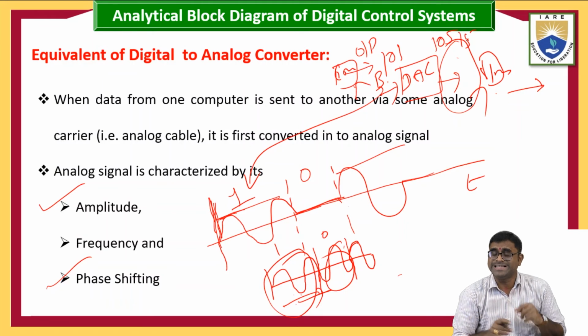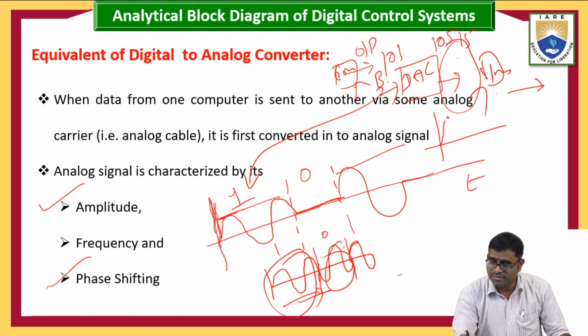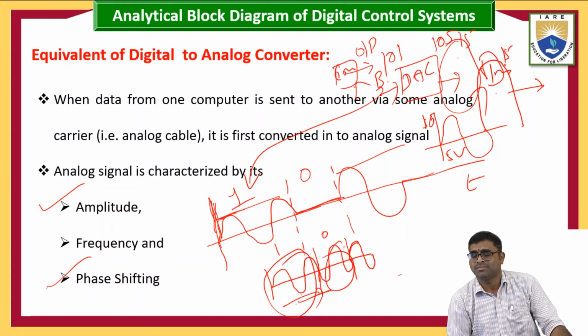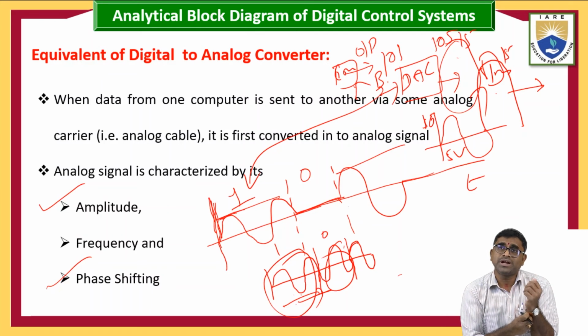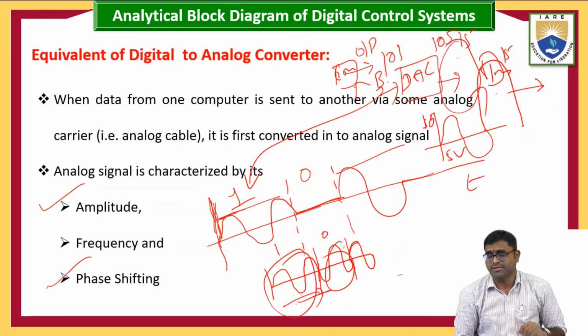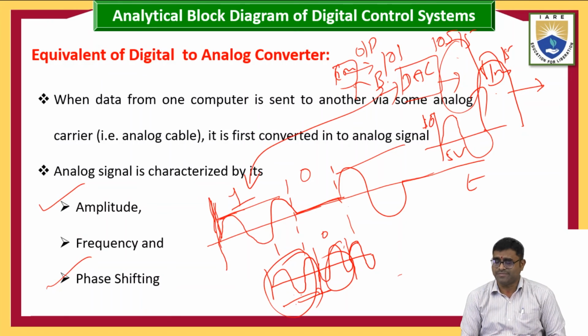That is the thing, but it keeps changing. Likewise the signal: first 10 volts, next 5 volts, next 15 volts, like this. So we have to characterize the input of the system from the DAC. This is very important in digital to analog conversion.